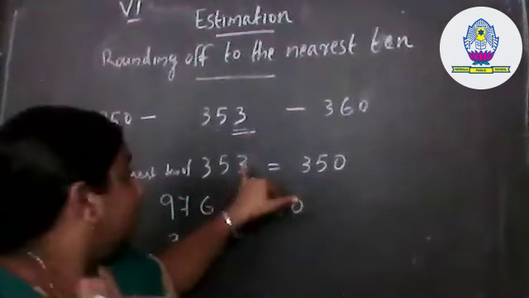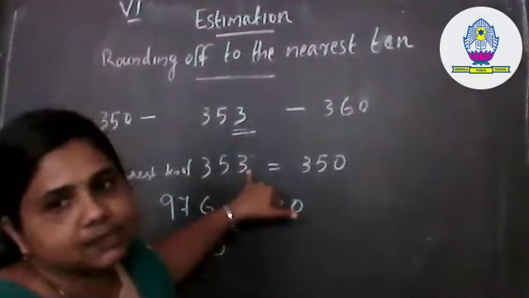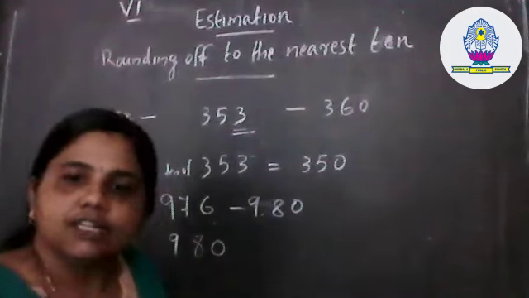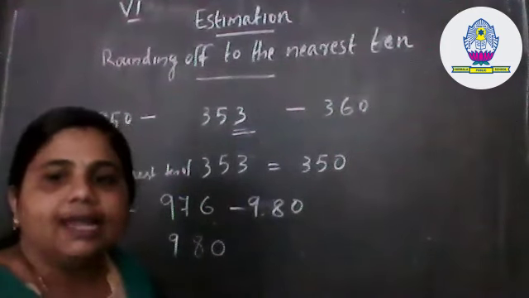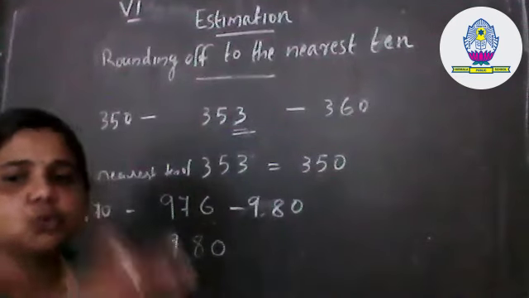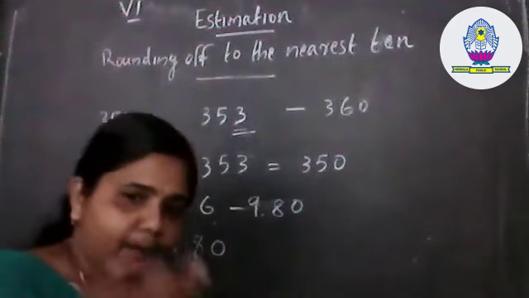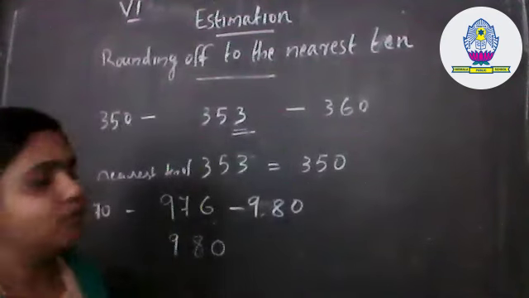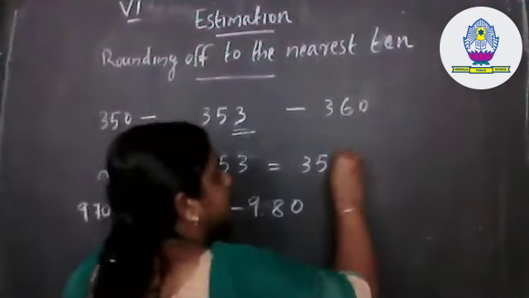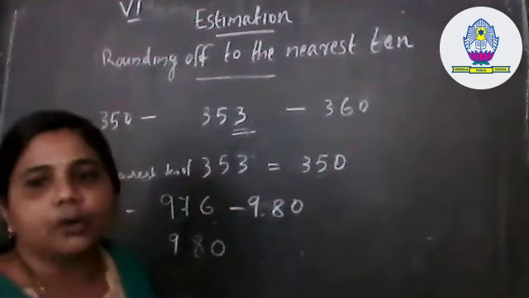So the number in the ones place, that is 3. It is less than 5. അത് 5നേക്കാൾ കുറവാണോ കൂടുതലാണോ എന്ന് നോക്കാം. If the number is less than 5, ലാസ്റ്റ് ഡിജിറ്റ്, ആ വൺസ് പ്ലേസിൽ വരുന്ന ഡിജിറ്റ് 0 കൊടുക്കുക.